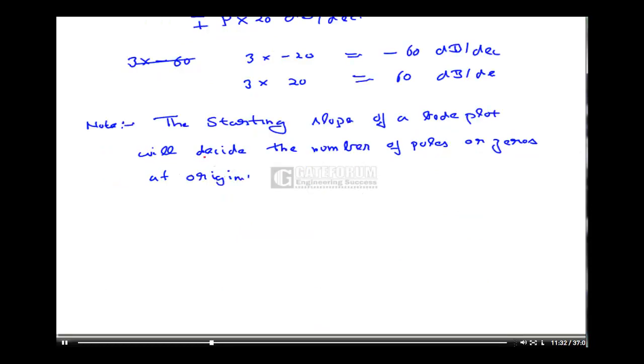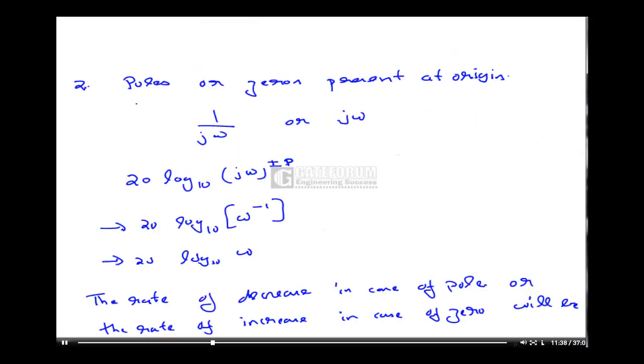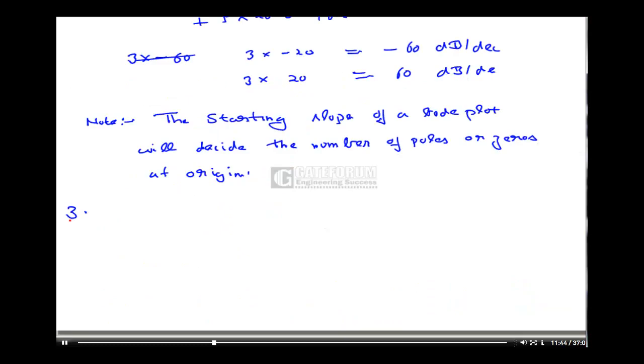It is the starting slope which will decide this. Okay, this is the second part for the poles or zeros at origin. The third case will be when there are simple poles or zeros. Simple pole means it's a pole of first order.